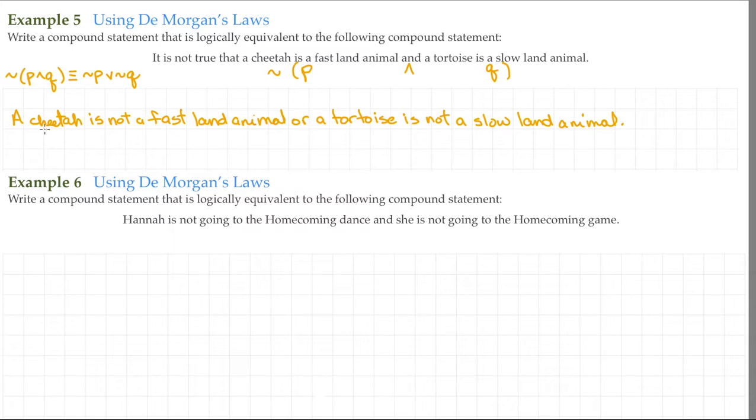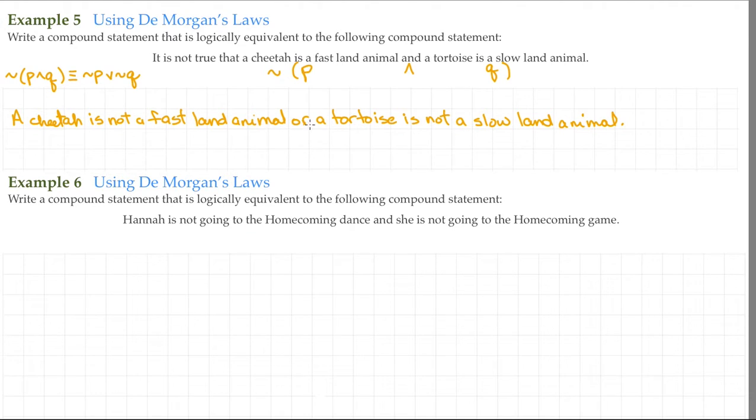So this statement is logically equivalent to this one. It is not true that a cheetah is a fast land animal and a tortoise is a slow land animal. That's logically equivalent to a cheetah is not a fast land animal or a tortoise is not a slow land animal.